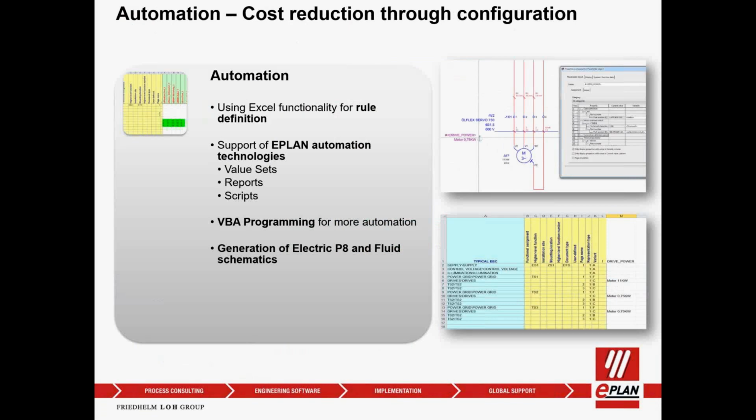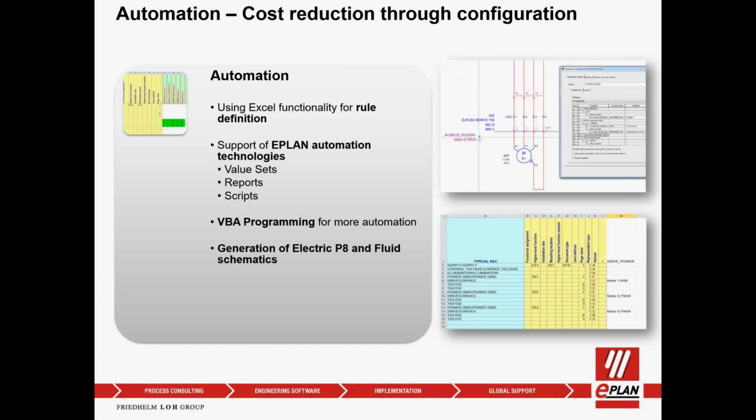Why are we using Excel? Using Excel functions for rule definition is one of the automated features that we're trying to demonstrate here, along with cost reduction through configuration. By using an Excel type of environment, we can start to configure how our projects are going to be generated. We have the support of the EPLAN automation technology, the value sets, the reports.